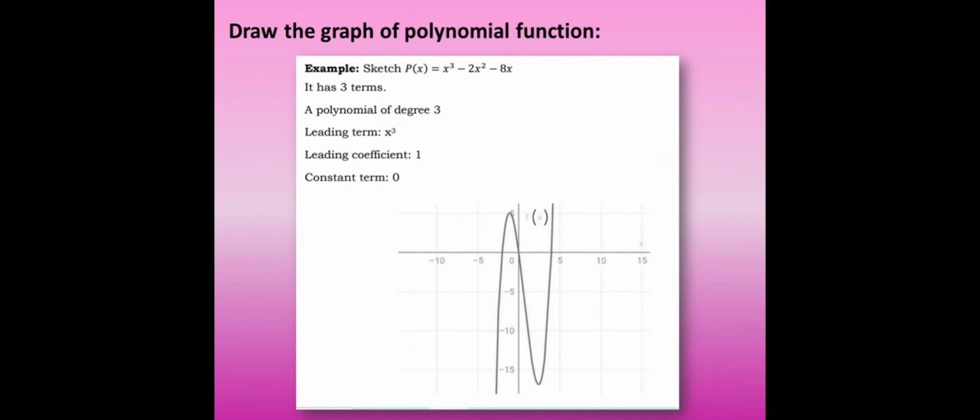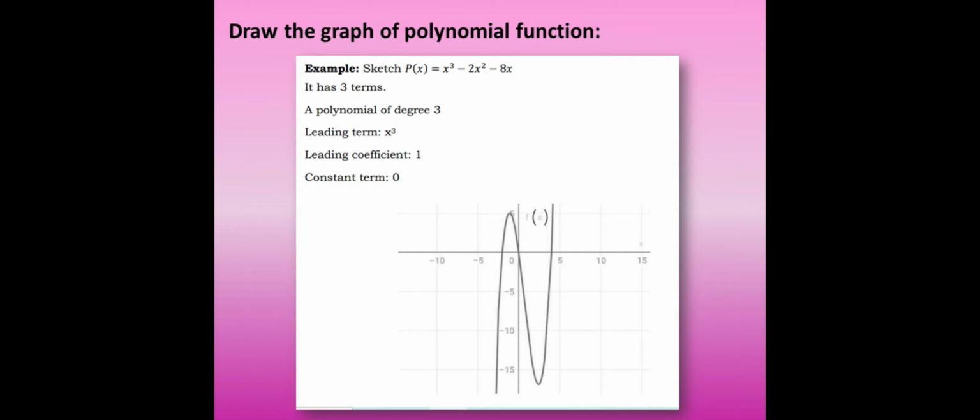So the next topic is how to draw the graph of a polynomial function. We have an example: p of x equals x cubed minus 2x squared minus 8x.